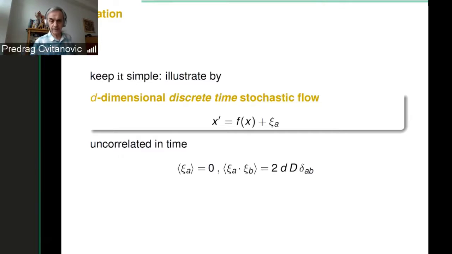This is called uncorrelated in time. But if I look at expectation values of products of them, that contains the square as well. That's this Kronecker delta. The average of squares cannot be zero. So that is characterized by a number which you measure experimentally.